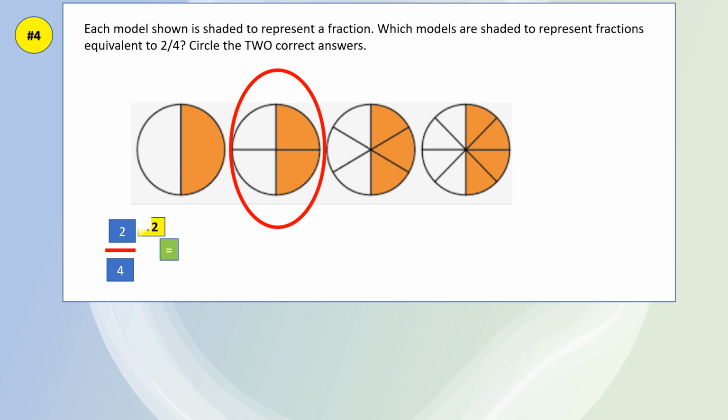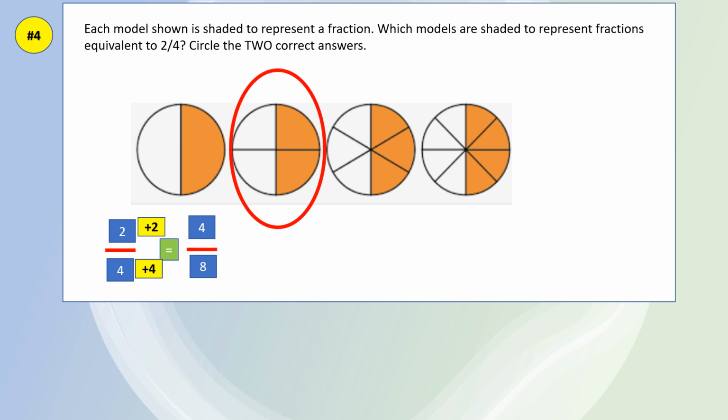What's 2 plus 2? If you said 4, you're absolutely correct. And we're going to go ahead and draw our fraction bar now. And we're going to do the same thing to the bottom. So we doubled the top. Let's double the bottom. What's 4 plus 4? If you said 8, you are absolutely correct.